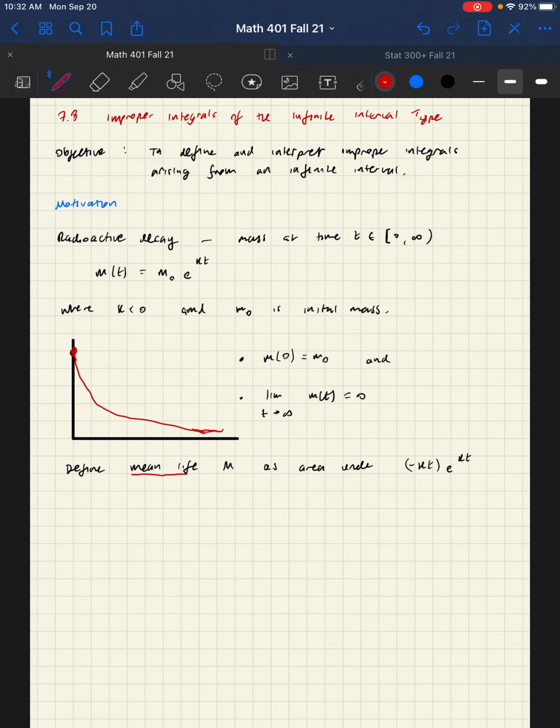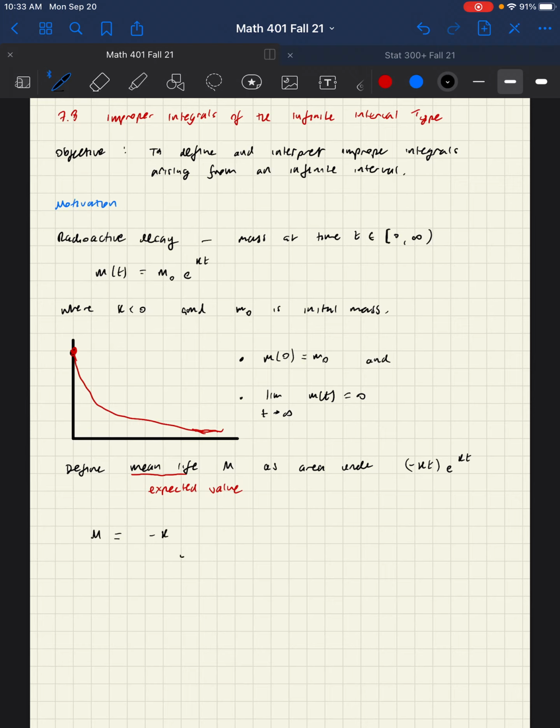Now, we're not going to talk about how this arises yet, but mean life is actually a term synonymous to the expected value of a random variable. Again, we're getting into some applications that we're going to talk about much later. But we would write then, capital M is, and this is defined over the entire domain.